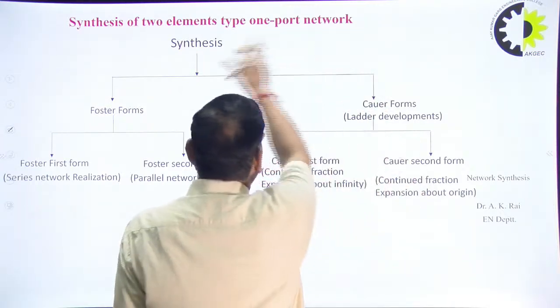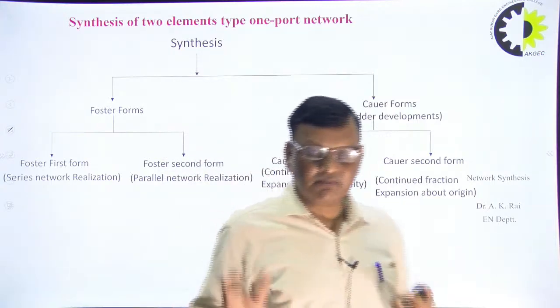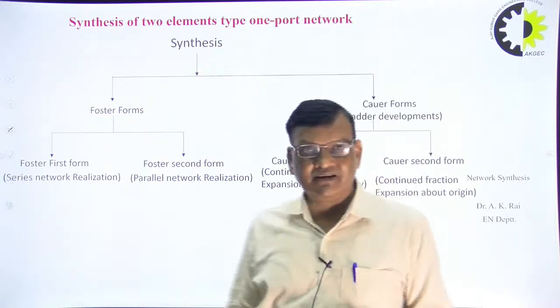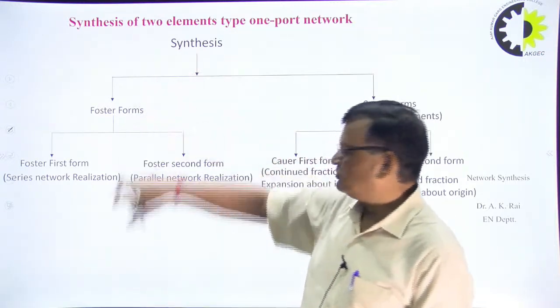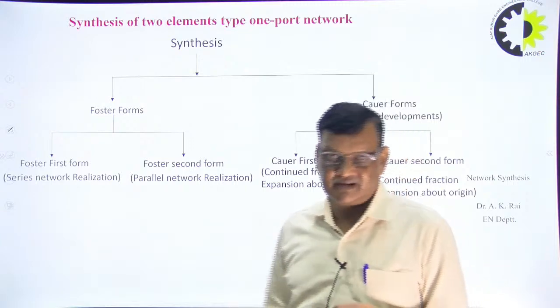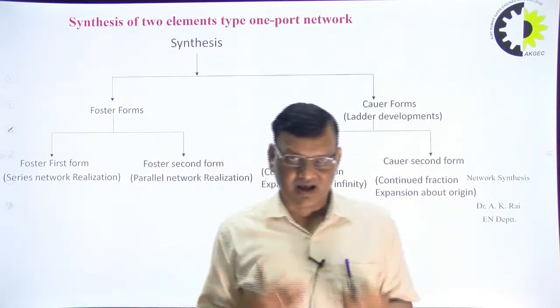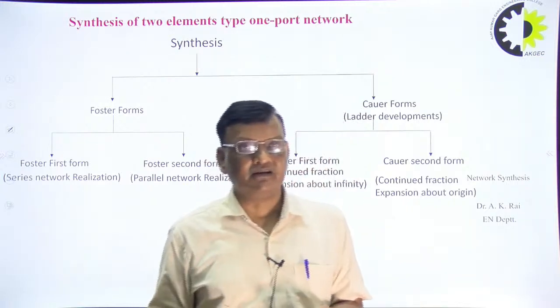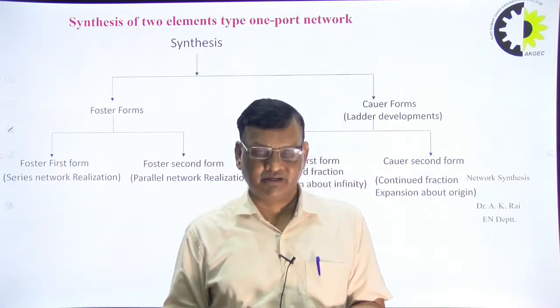These are basically one-port, two-element simple network synthesis. We will discuss these forms, Foster first and Foster second, of RL, RC and LC networks in detail in the next lecture. Thank you. Jai Hind.